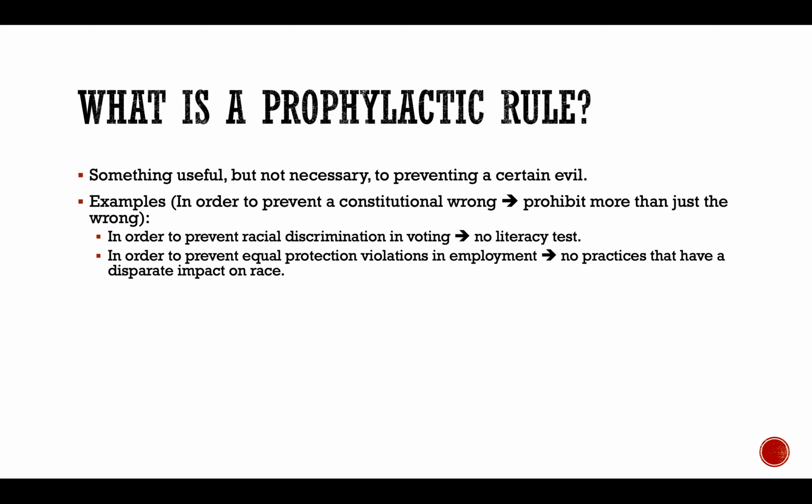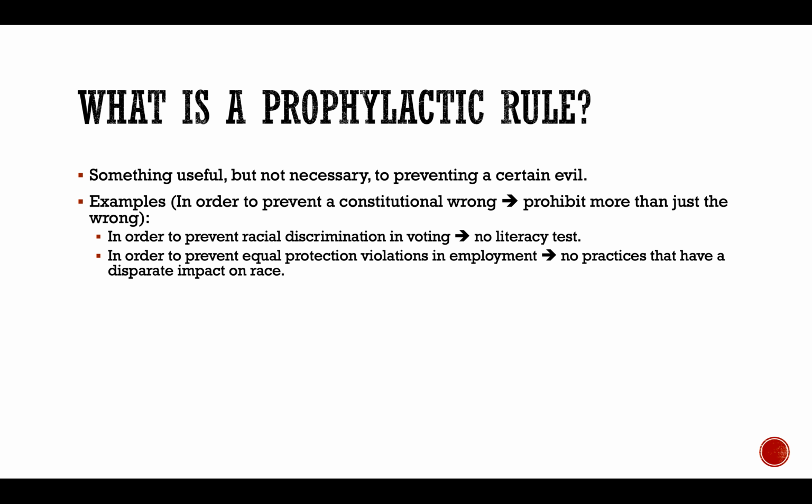A disparate impact is simply something that results in, let's say, more white people being hired than black people, although there's no evidence that the hiring agency was overtly or purposefully racist.